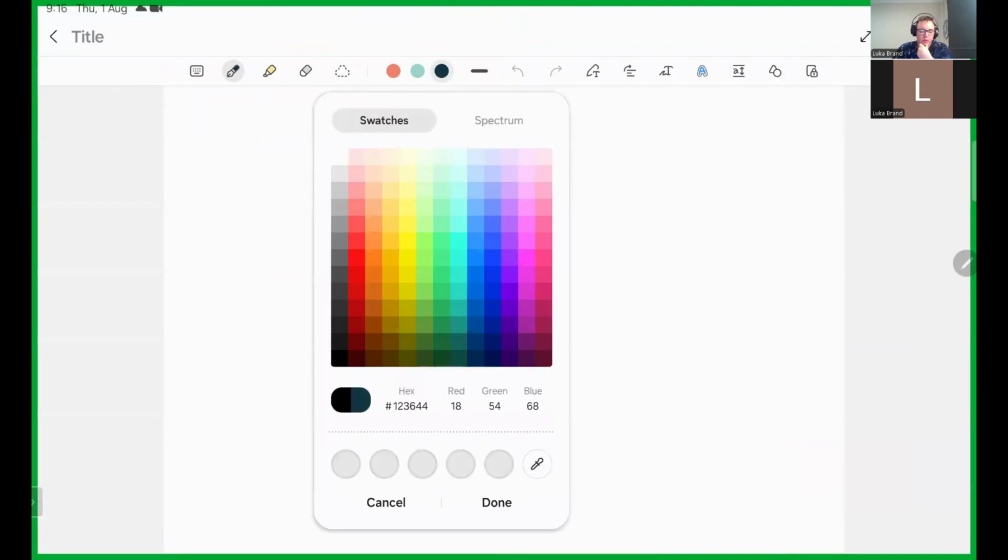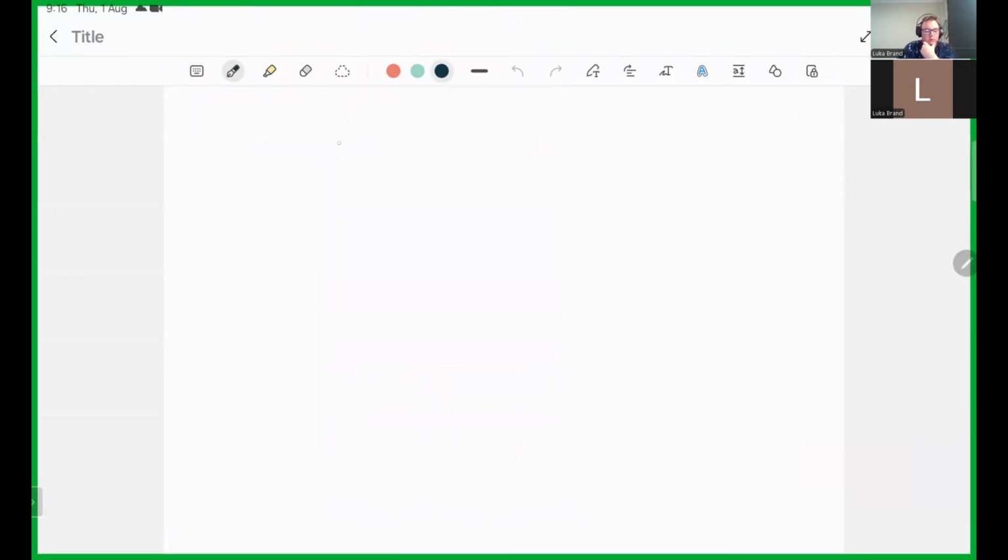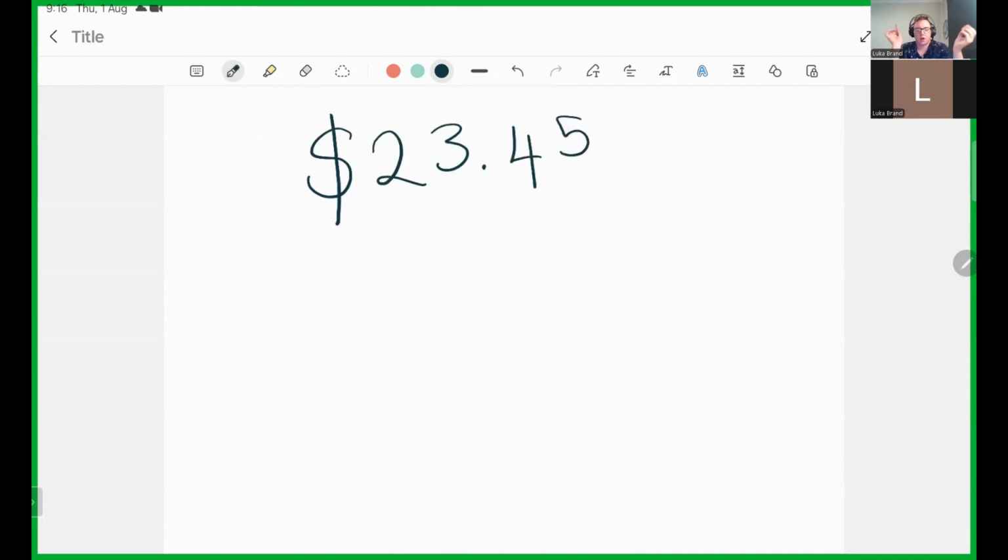Today we're going to be learning about rounding. Let me share my screen and we'll get into it. So, when we're looking at rounding, I really like to think about money. Now, I'm going to imagine that we live in a slightly different world. In this world, change does not exist.